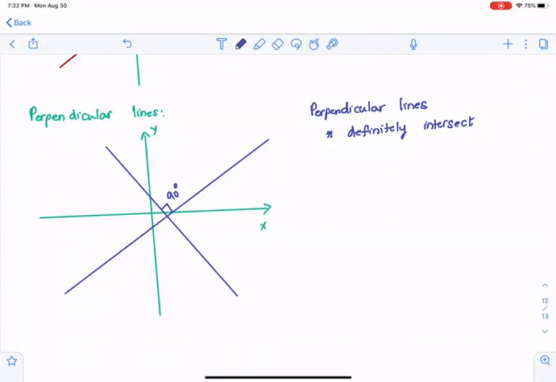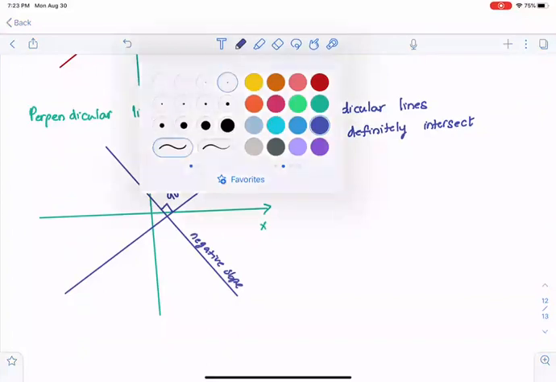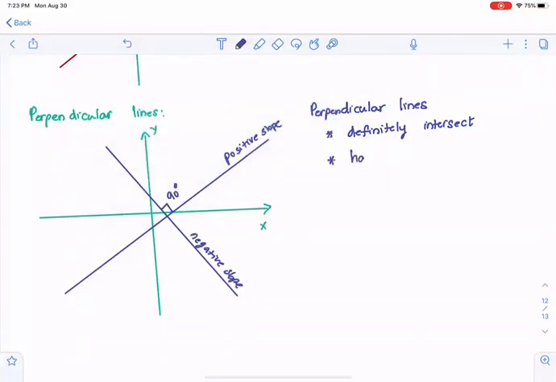And if you notice, the first line has a positive slope. And if a line has to be perpendicular, the second line here has a negative slope, or vice versa. So if two lines are perpendicular to each other, they have opposite signs.